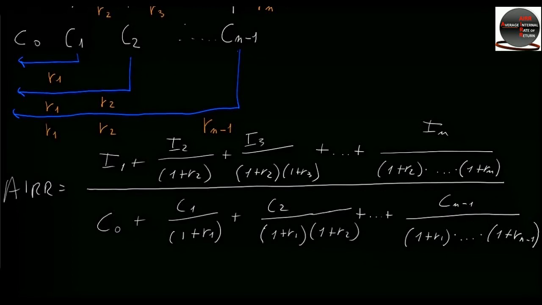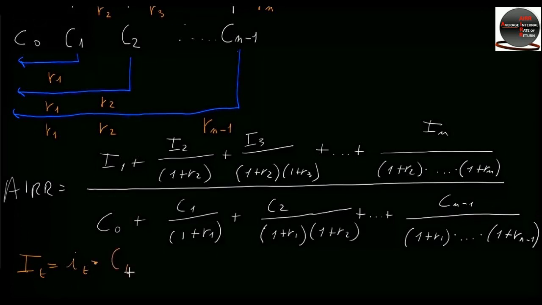Now, remembering that the income is the product of the single period rate and the capital invested, we can also write the same formula in terms of single period rates. And this becomes a linear combination of holding period rates. So instead of the income, we might write the product of the single period rate and the capital invested at the beginning of that period.